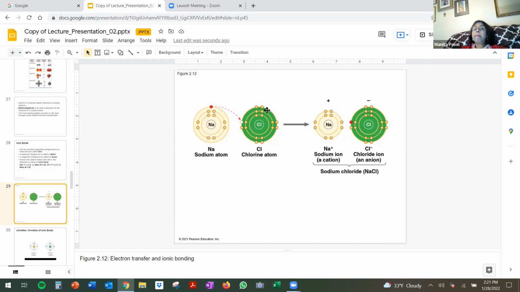Now, chlorine atom, by accepting or gaining the electron from sodium atom, becomes negatively charged. Now it's not chlorine gas, it's called chloride ion. A negatively charged particle is an anion. So the chemical reaction that has taken place is Na, sodium atom, plus chlorine atom gives you NaCl, which is sodium chloride salt.